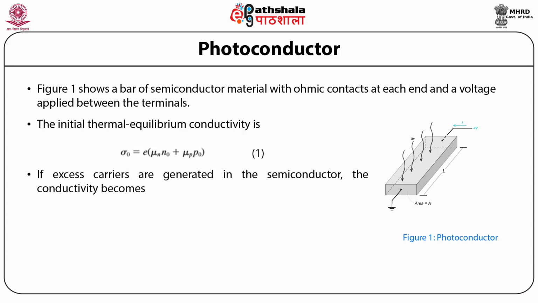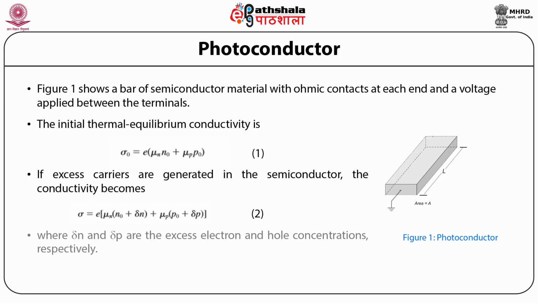If excess carriers are generated in the semiconductor, the conductivity becomes sigma equal to e multiplied by mu n multiplied by n naught plus delta n plus mu p multiplied by p naught plus delta p, where delta n and delta p are the excess electron and hole concentrations respectively.